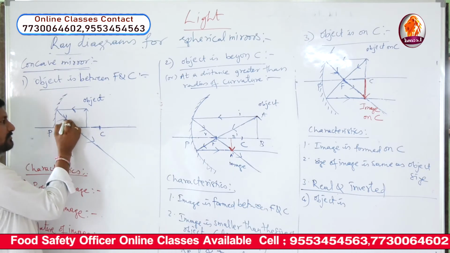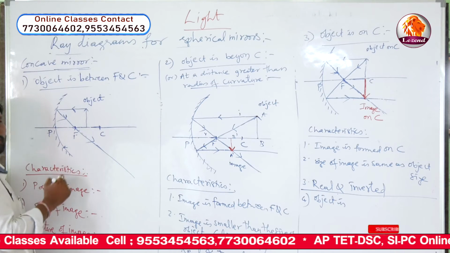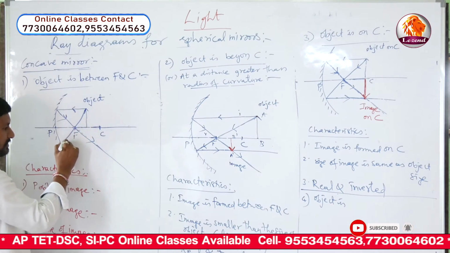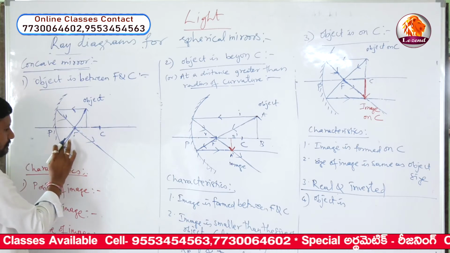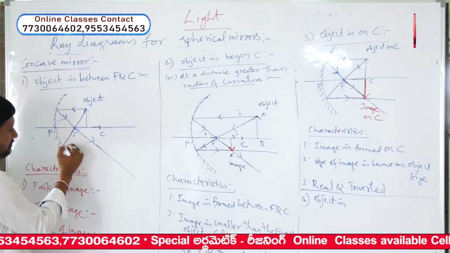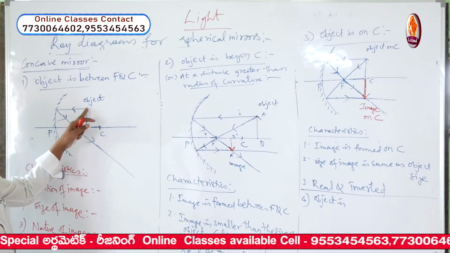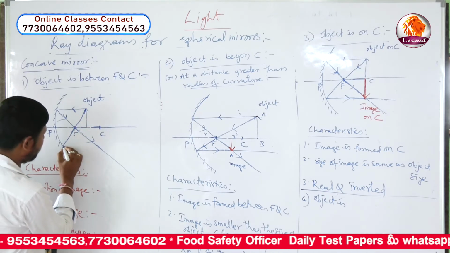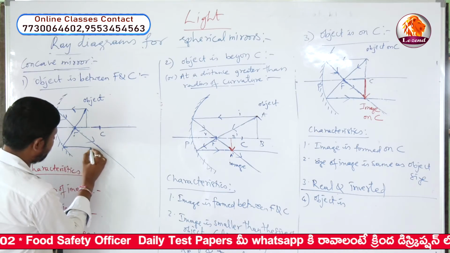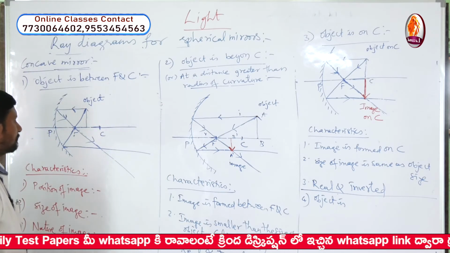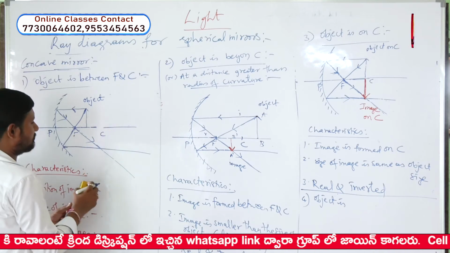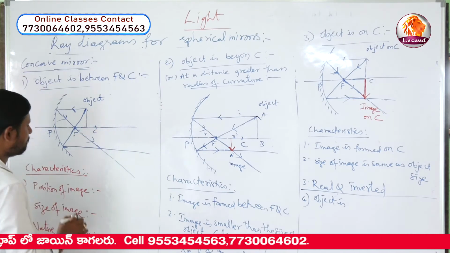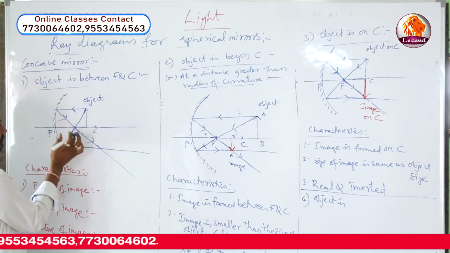And another light ray we take from the object passing through its focus, incident on the mirror. So after reflection, second rule: any light ray coming from the object and passing through its focus, after reflection travels parallel to the principal axis. So this is P, this is C, this is the midpoint F.